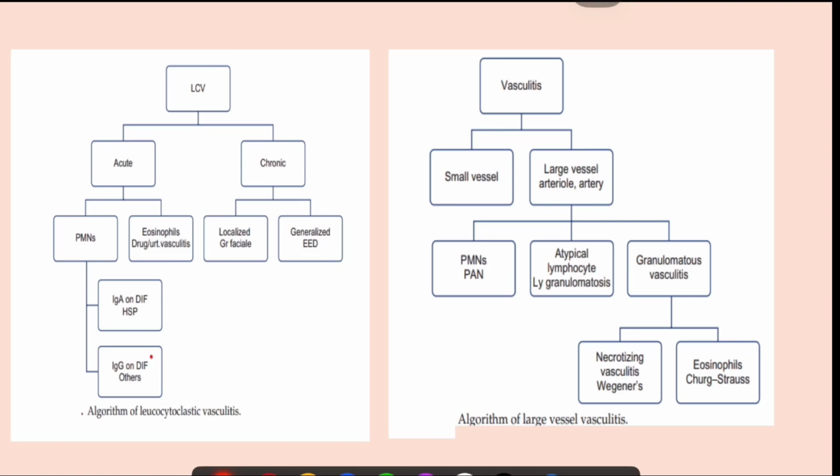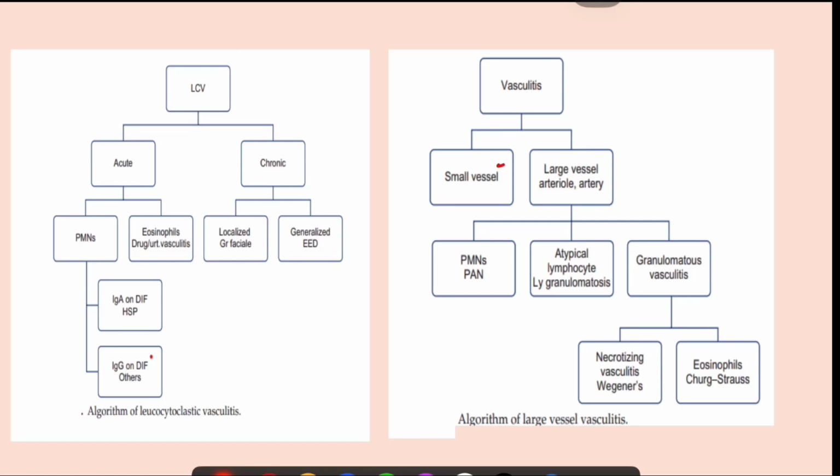This is again leukocytoclastic vasculitis, which is acute or chronic, according to the polymorphs. If eosinophils, then drugs, or urticarial if it is chronic, and if it is localized or generalized, there are different classifications.